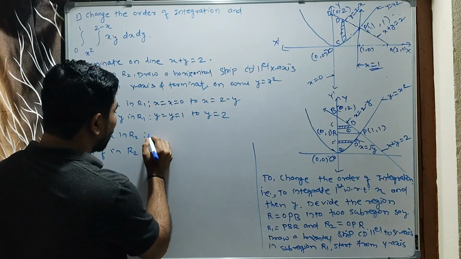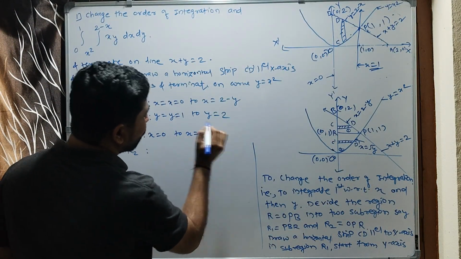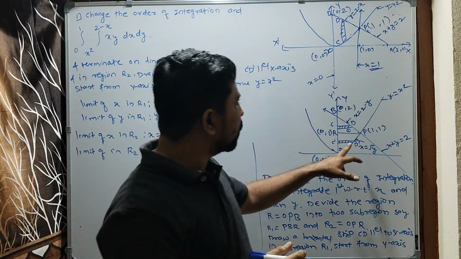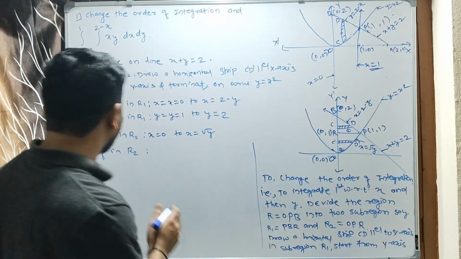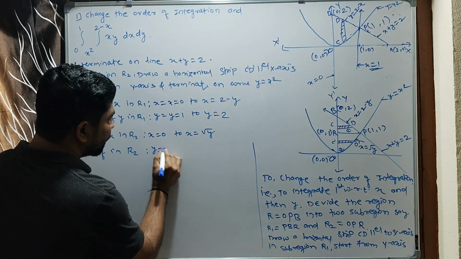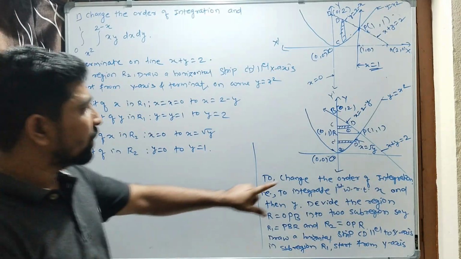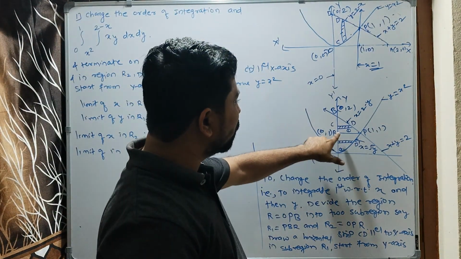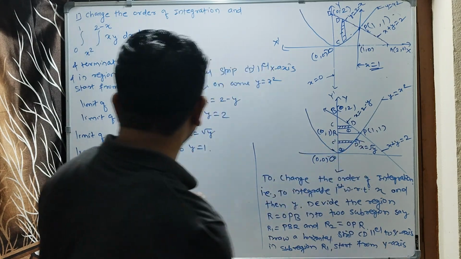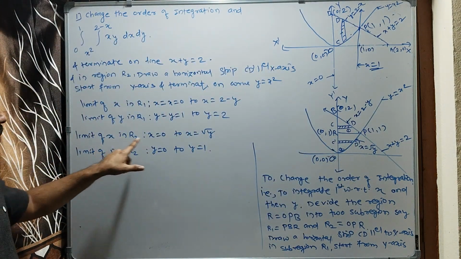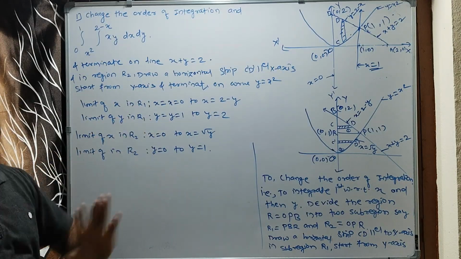So x equal to 0 to x equal to root y, and height along the y-axis y equal to 0 to y equal to 1. These are the limits of x and y in region R2, and those were the limits in region R1.